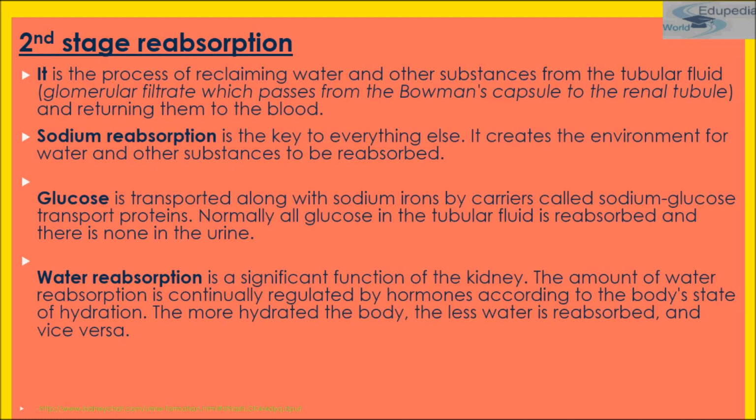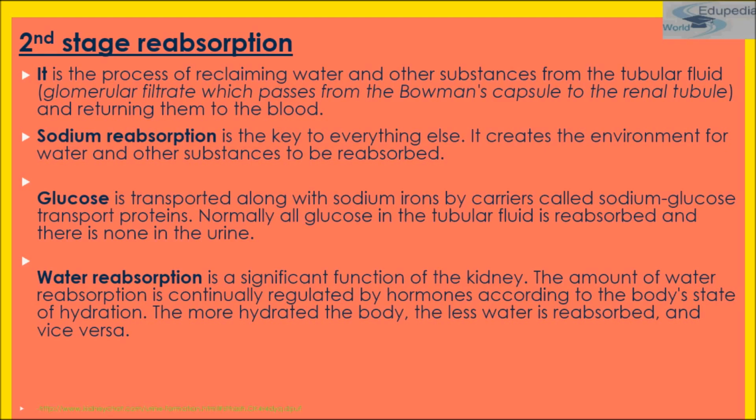And the renal tubule comprises the PCT, that is the proximal convoluted tubule, Henle's loop, distal convoluted tubule, and terminal duct. I have already taught you this. Students, you can refer to my previous presentation.